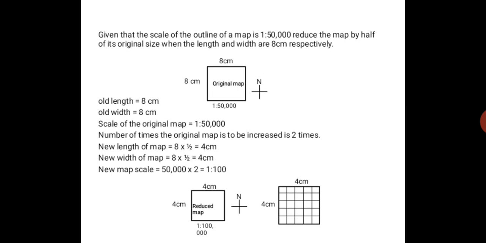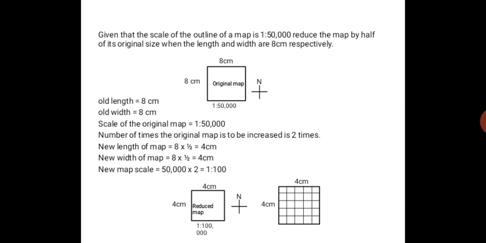The new map scale. We said in reduction you multiply the scale. So what you have to do is to multiply 50,000 by 2. What do we have? 100,000. So the scale becomes 1:100,000.